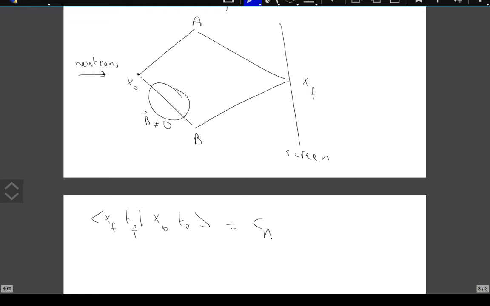There will be an amplitude for it to go through path A. Let me put B over there, although there's no magnetic field over there.